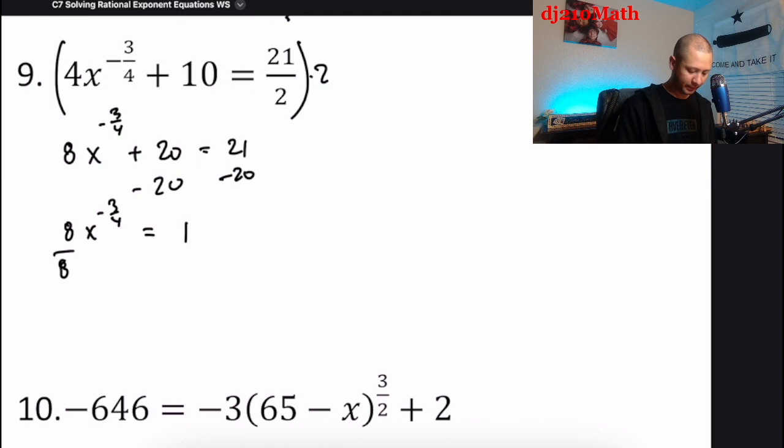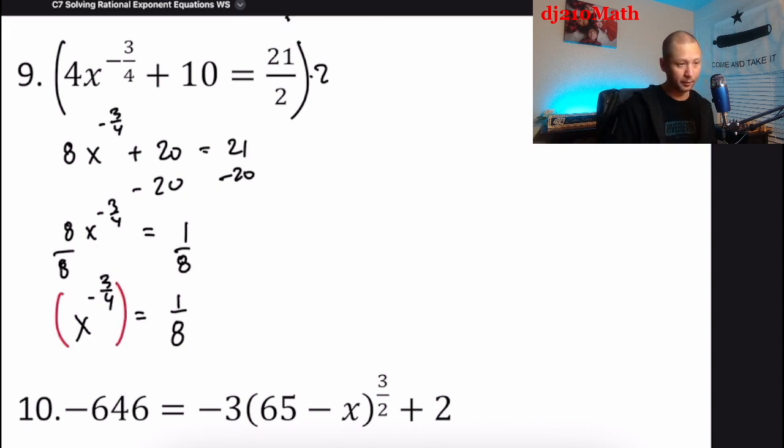Divide both sides by 8. So x is equal, no. All right, x to the -3/4 is equal to 1/8. I'm going to raise this to -1/3.